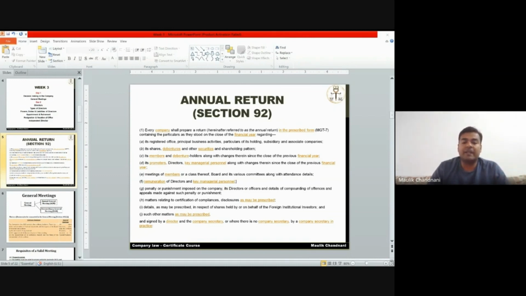If your company is not having the company secretary, say for example, your threshold limit is not up to a certain limit, then you need to have it mandatorily certified by the practicing company secretary. So 1 director and 1 company secretary is mandatory to sign the annual return of the company. So this is section 92, brief of section 92 annual return.